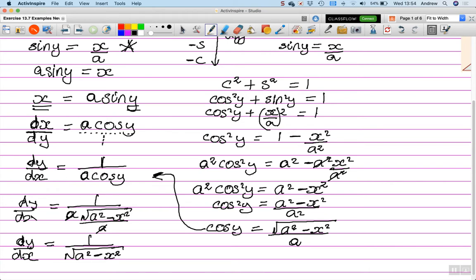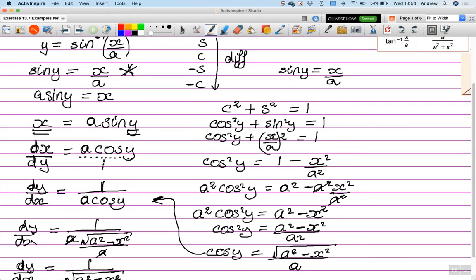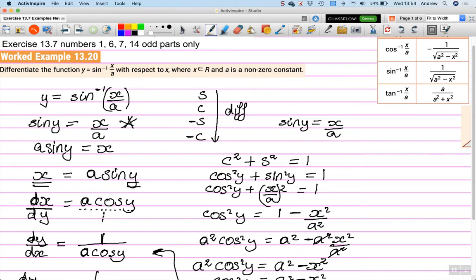Which is the formula written up in the table above.